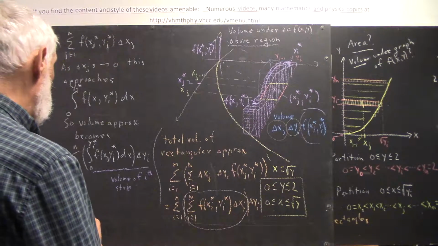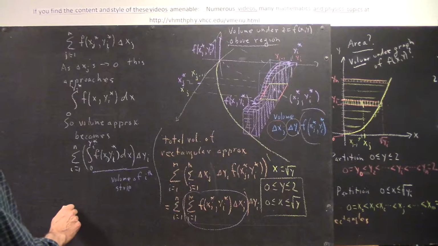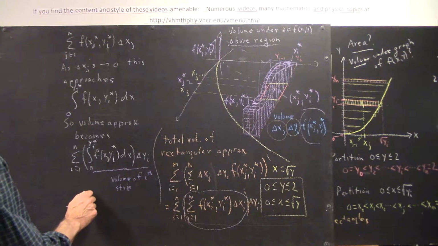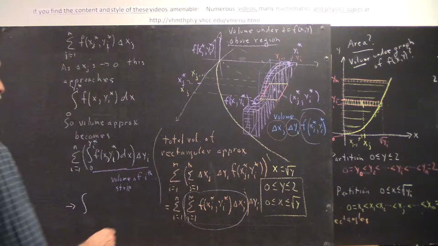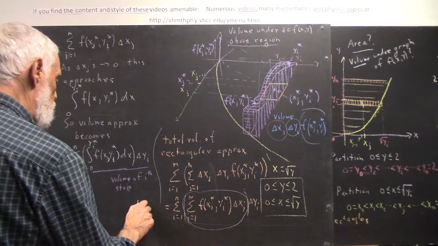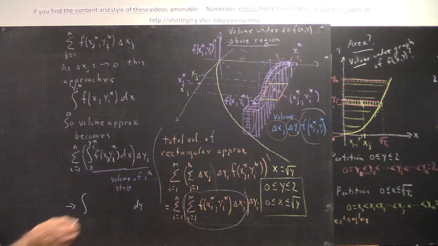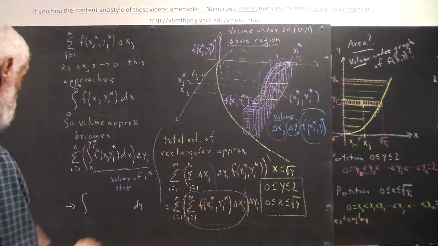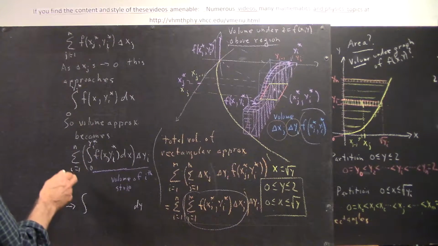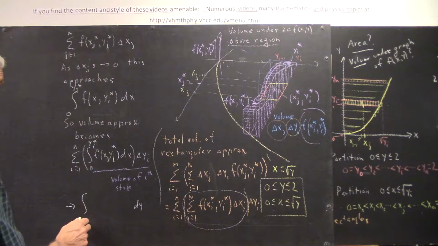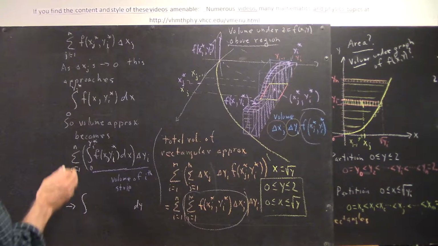Well, in the limit, what does this approach? This approaches an integral with respect to y. I let my delta y sub i's shrink down to 0. And, of course, I'm summing over y intervals. So I'm summing over my y limits.